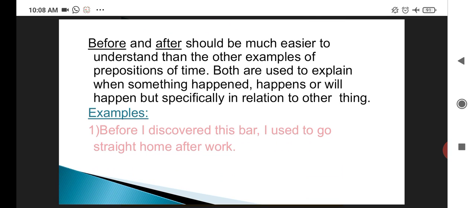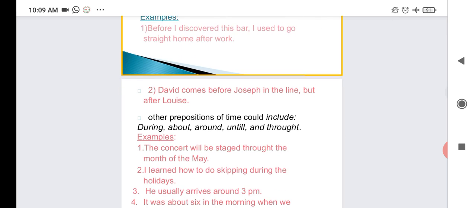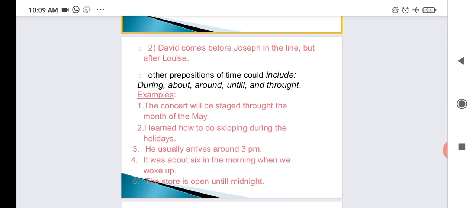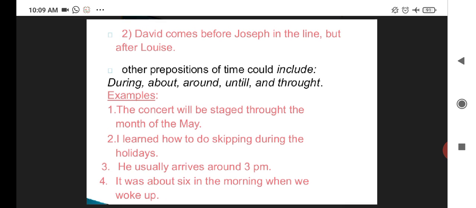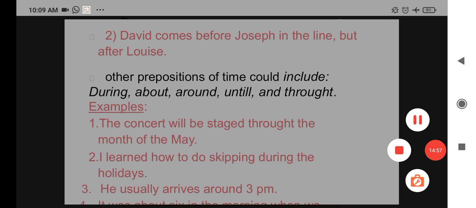For example, before I discovered this bar, I used to go straight home after work. Next is, David comes before Joseph in the line, but after Lucy.